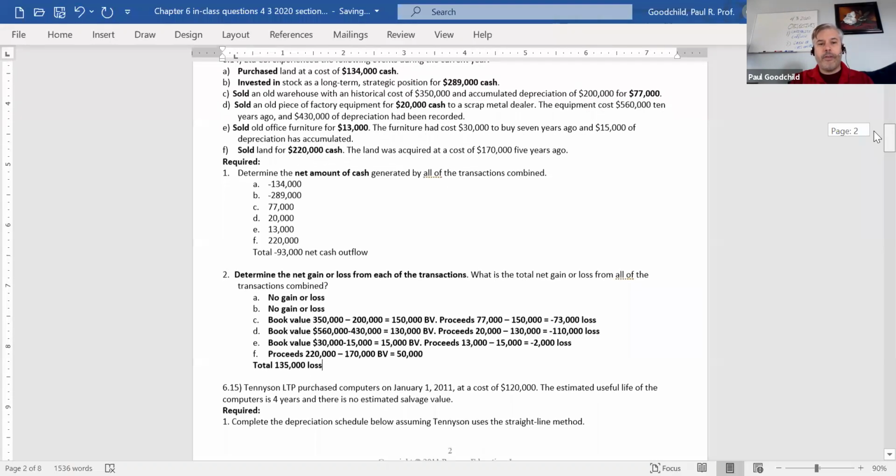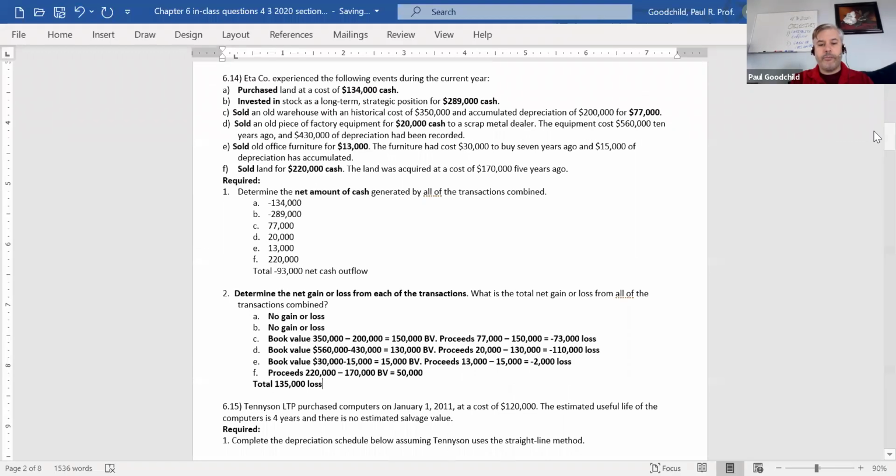So take a second to look that over. Don't jump on the poll right away unless you completely understand it. Look it over. And then if you have a question, click yes and type the question in the chat.